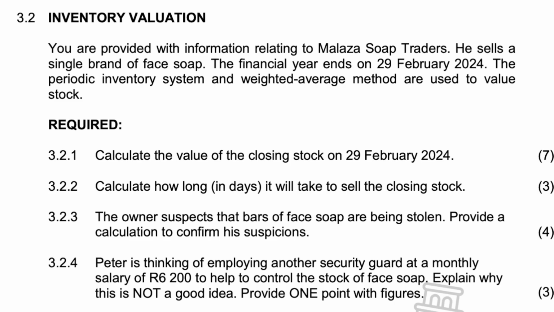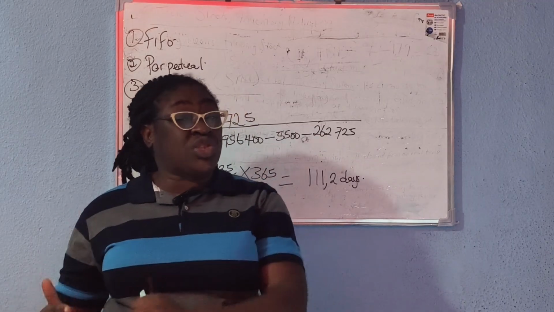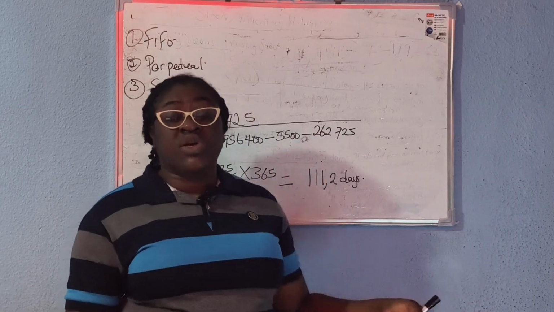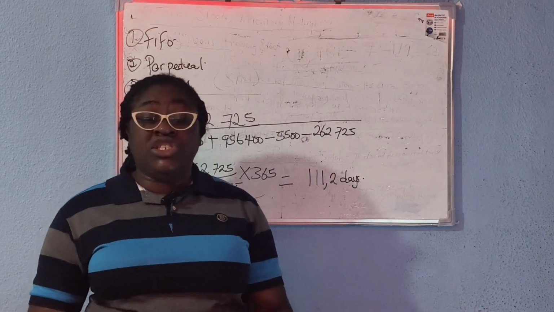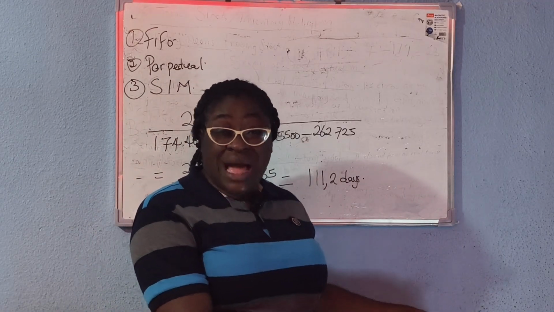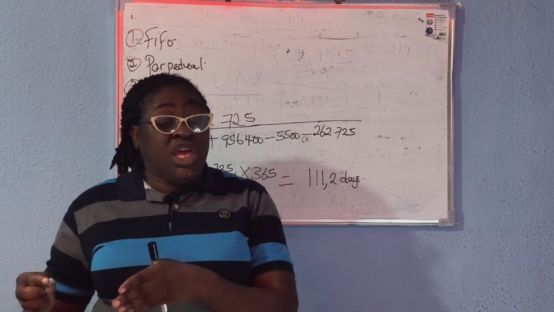Now, to confirm the suspicion of the owner, there is an amount of closing stock that we are supposed to have by calculation. When you do your calculation, the amount of closing stock you get will be more than the actual closing stock in the business, which was given in the question.